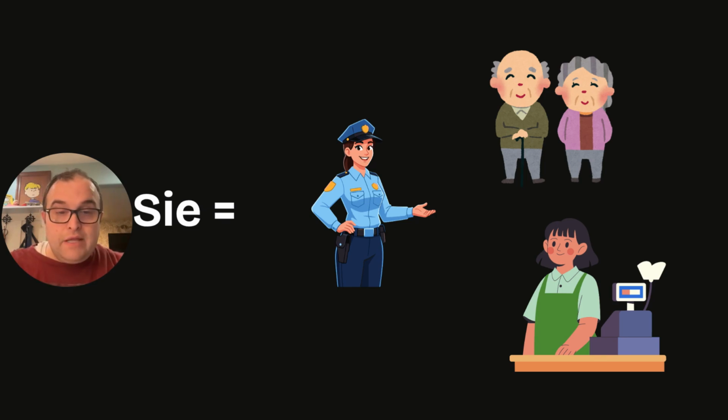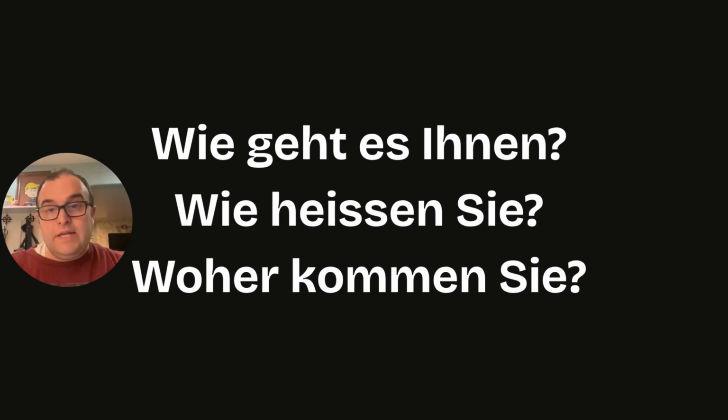And when you go shopping, if you're interacting with strangers, like someone who is ringing you up at a store or is waiting on you at a restaurant, just use the formal form. That's what's expected. So instead of wie geht es dir, it's wie geht es Ihnen. Wie heißen Sie? Woher kommen Sie? So Sie and Ihnen are those words that show this is the formal form and not the informal one.